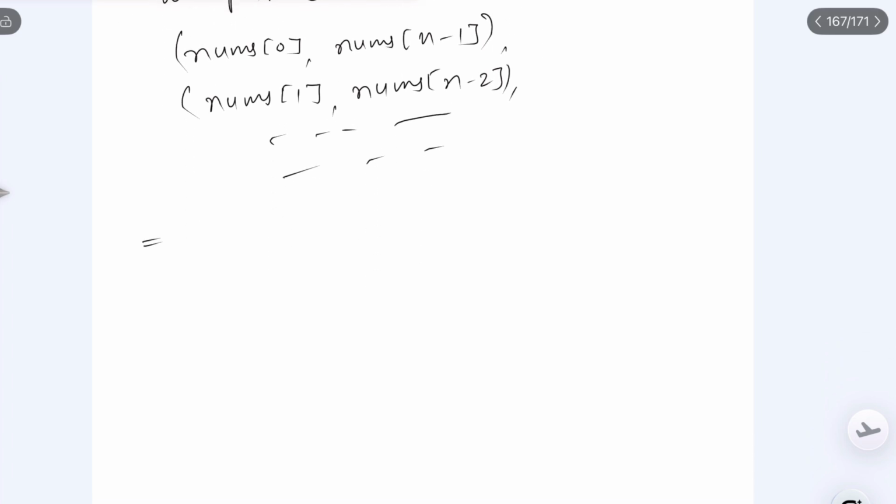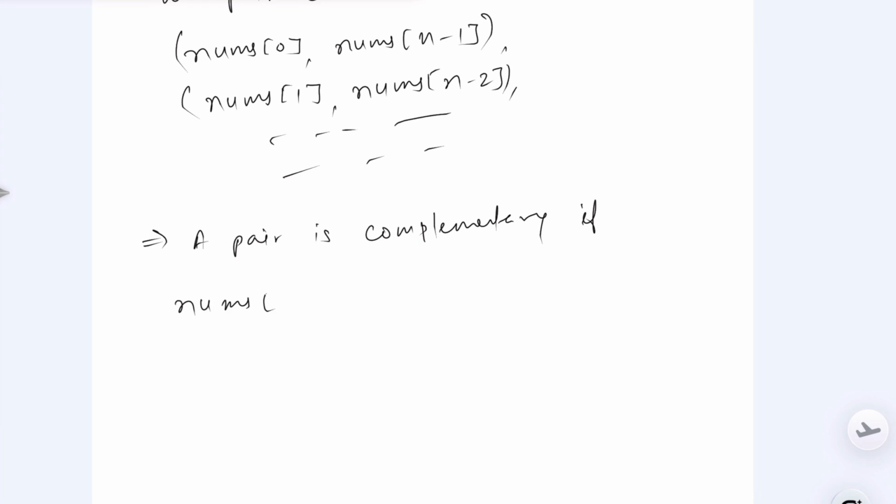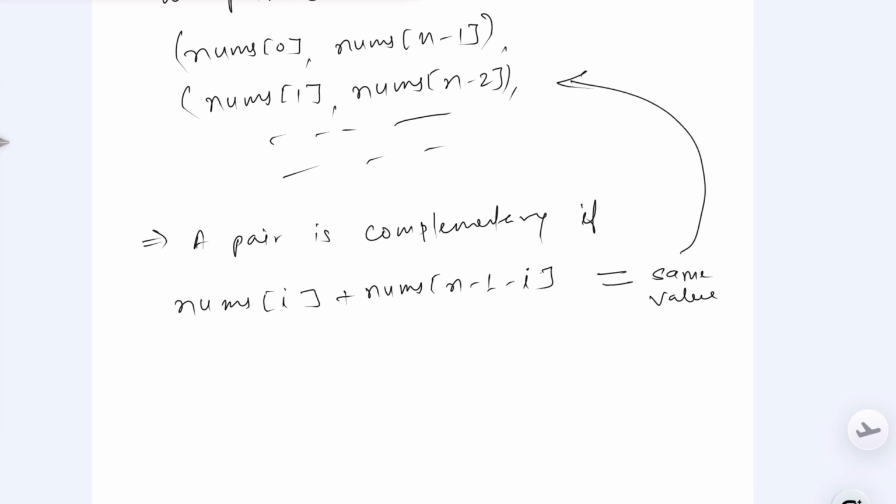What the question says is that the array is complementary if we take these pairs, nums at i, which we have seen for 0 and for 1, and nums at n minus 1 minus i, and these two together give the same value for all pairs.